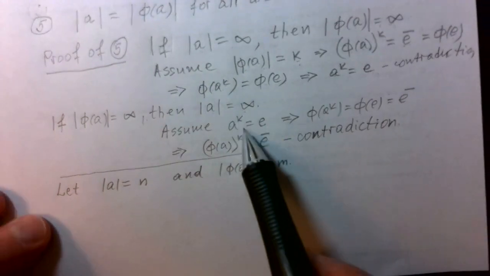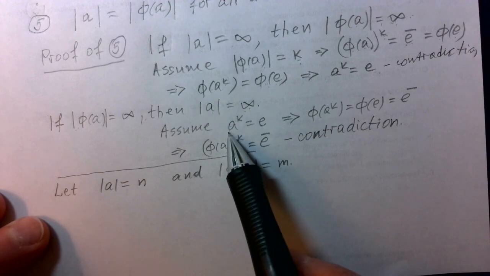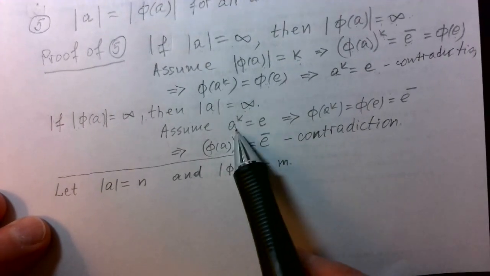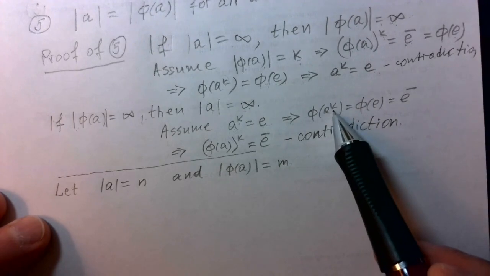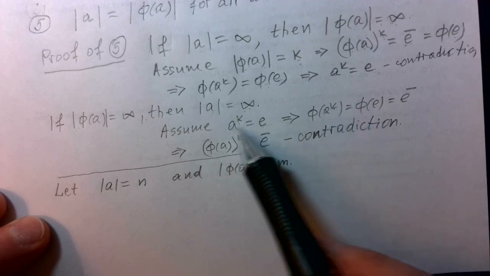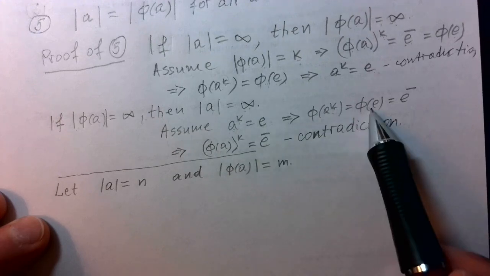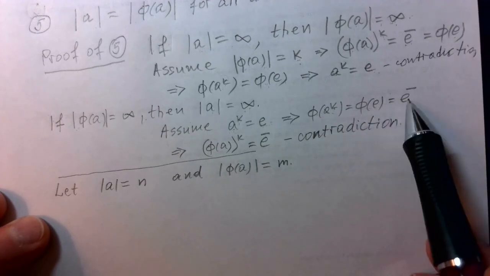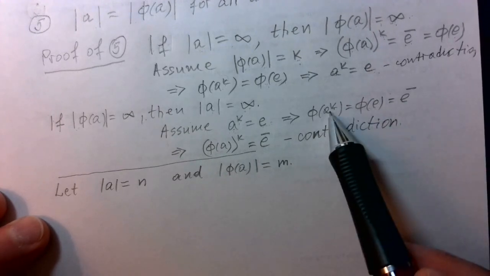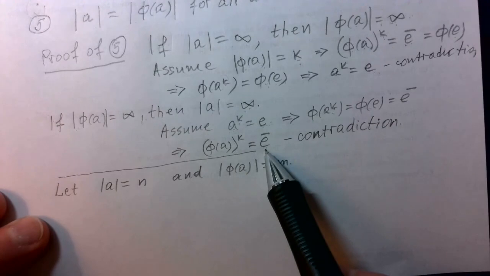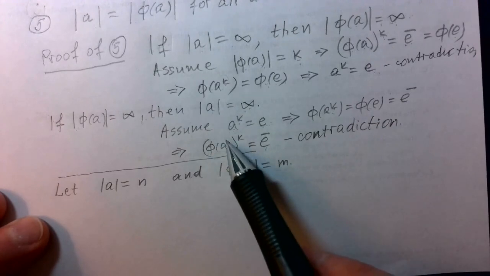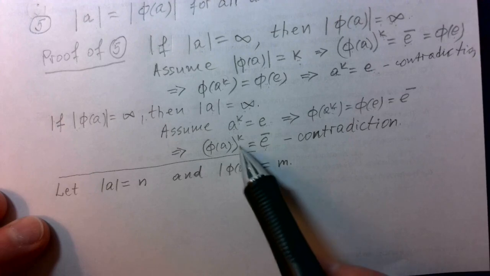If the order of phi of a is infinity, then the order of a is infinity. Assume that the order of a is not infinity, then a to the k will be e for some positive integer k. It follows that a to the k equals e; take phi from both sides, we get this, but phi of e is e bar, and here k can be moved outside, so we get this equal there, which shows that the order of phi of a is not infinite.